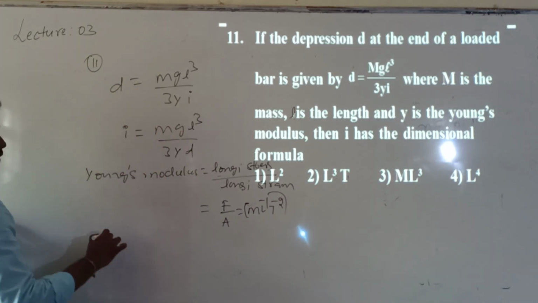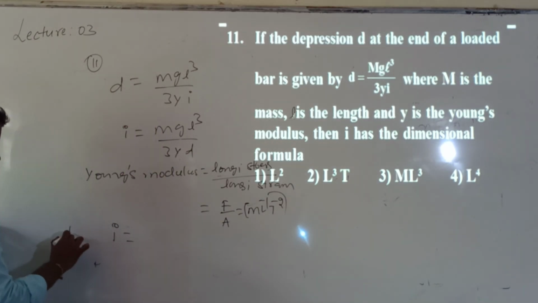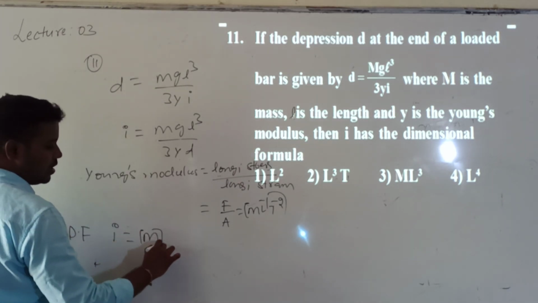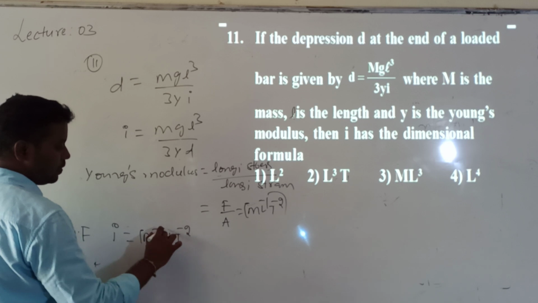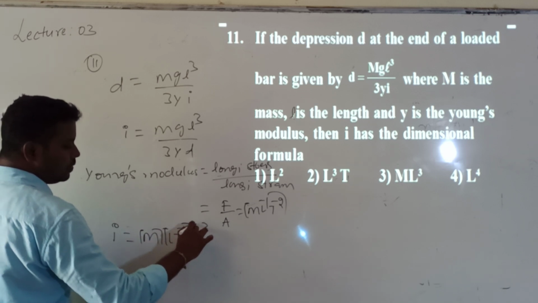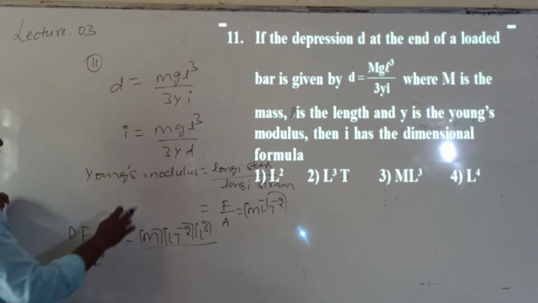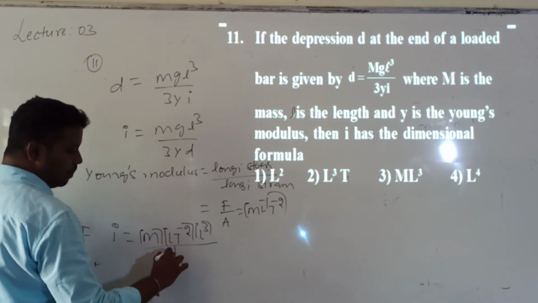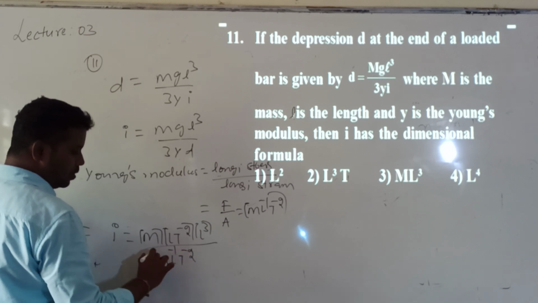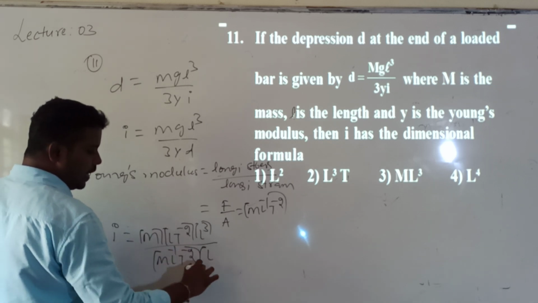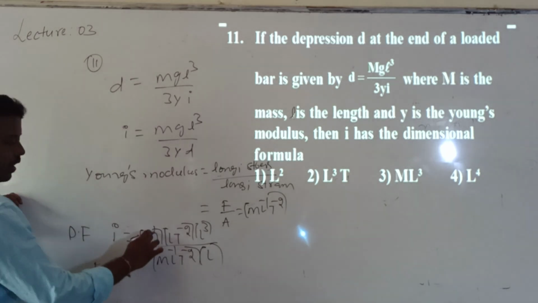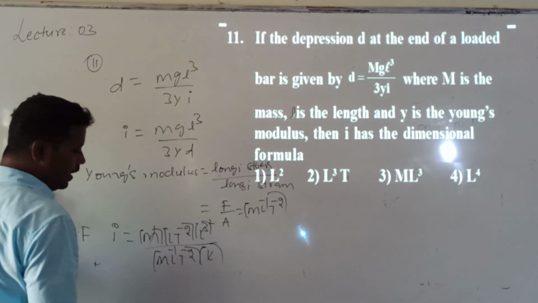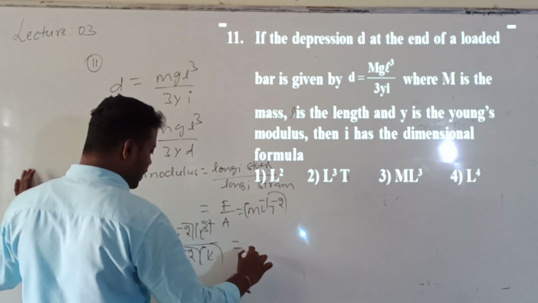Now substitute the dimensional formula of I. The dimensional formula of I is equal to mass M, acceleration L into T power minus 2, length L cube by T dimensionless, M L power minus 1 T power minus 2, depression is nothing but length L. So M value cancels here, L cube by L square will become L. What is left in the numerator?